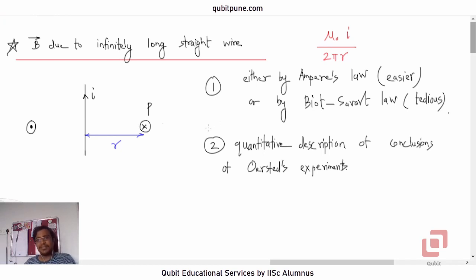The application of Ampere's law is very easy, but I will not do it here. If you want, you can do it, but this 2 pi R expression is actually the circumference, and that's easy because of symmetry. Just like Gauss's law and its applications in our syllabus, they exploit symmetry. Because Ampere's law is analogous to that, it also exploits symmetry. It doesn't mean that Ampere's law is not applicable where symmetry doesn't exist.